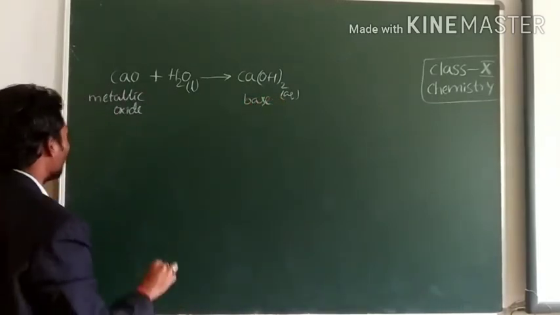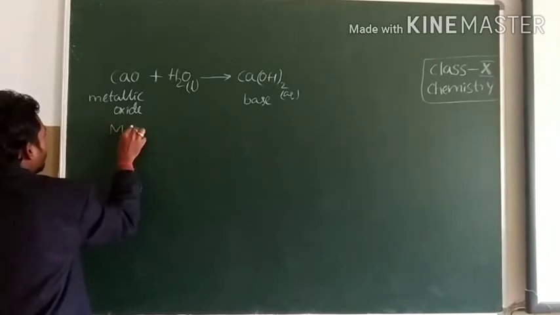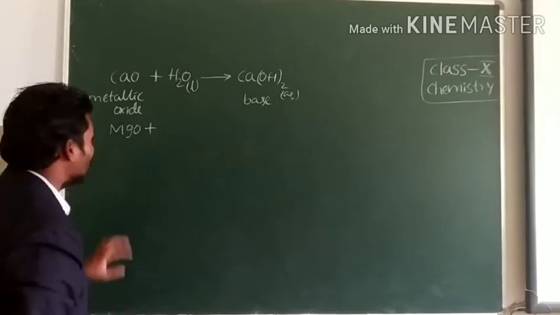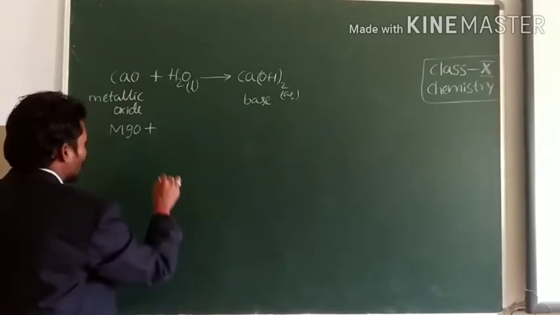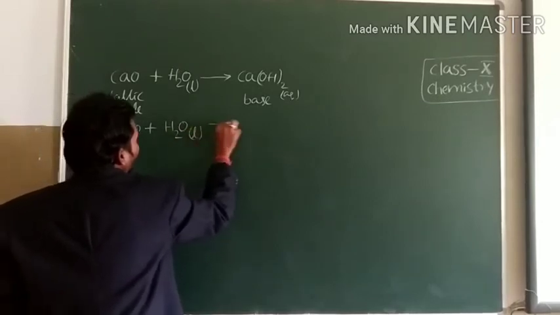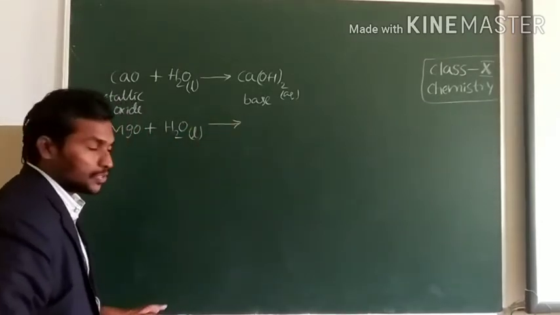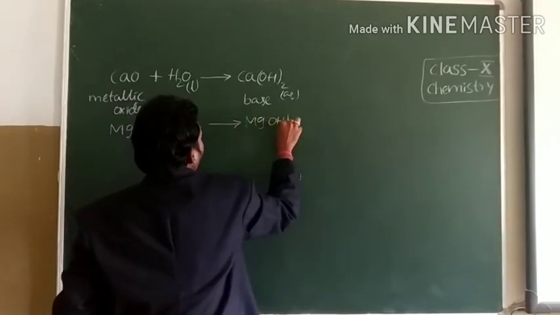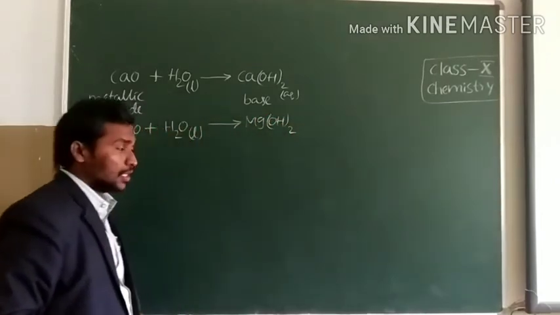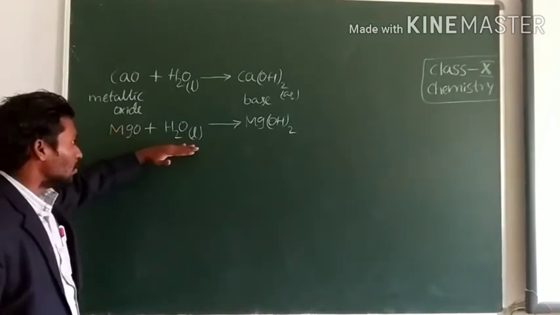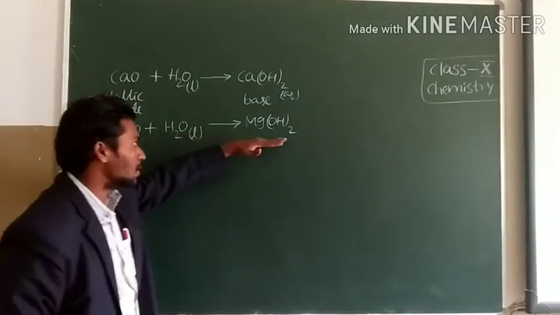Let's take one more example. Magnesium oxide. Magnesium oxide is a basic oxide. It's a metallic oxide. Next, when magnesium oxide is dissolved in water, it forms magnesium hydroxide, Mg(OH)2.